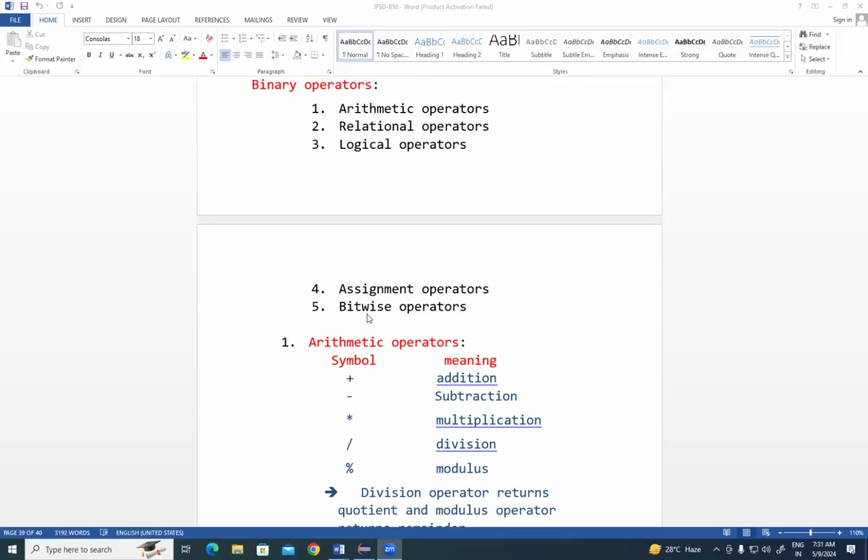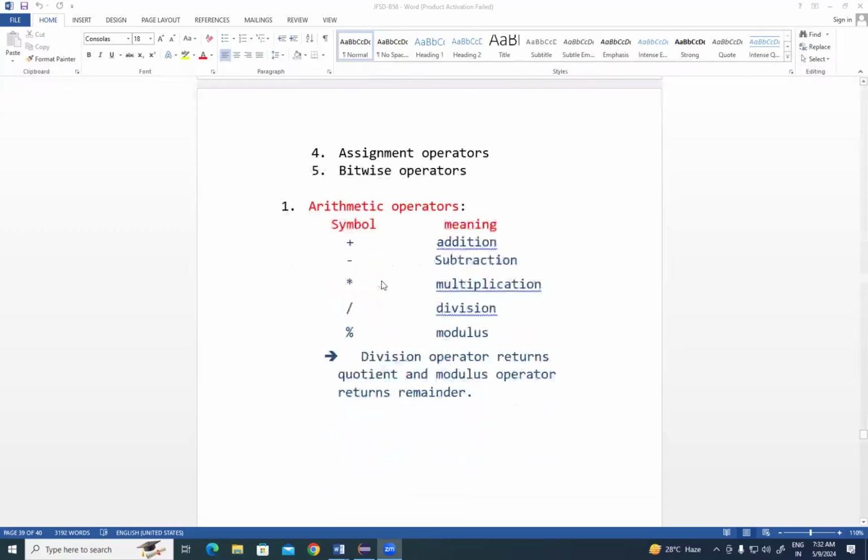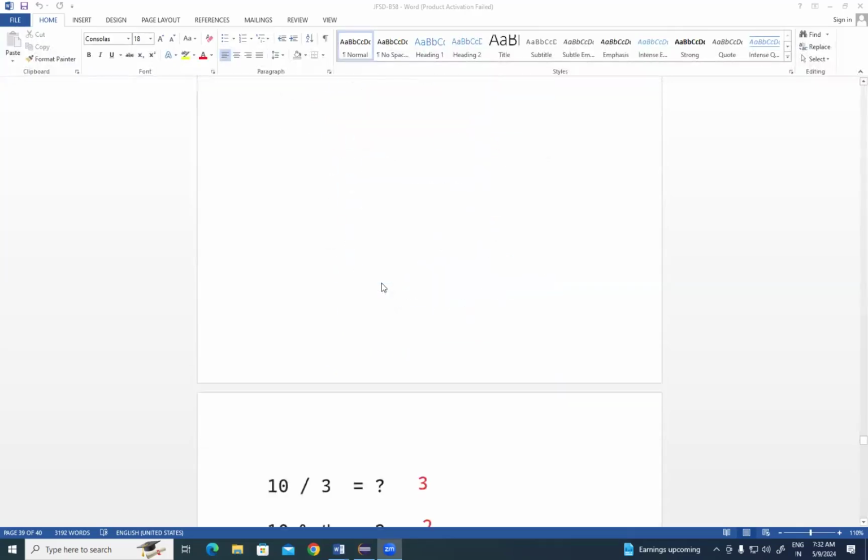Actually, bitwise operators are not for a regular Java developer who is trying to develop enterprise applications for real time. But it's better to know how bitwise operators work. We don't use bitwise operators in our day-to-day life. That's what I want to say.